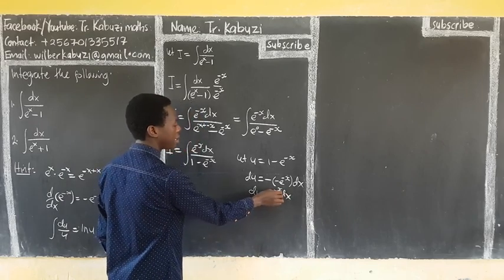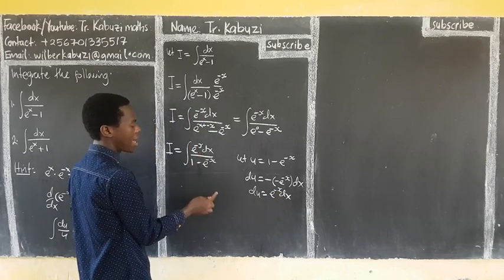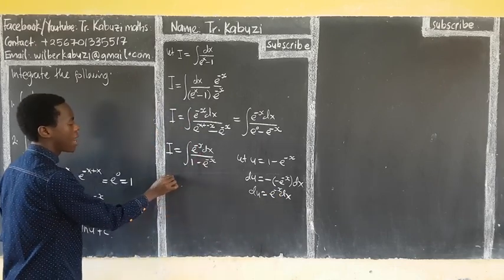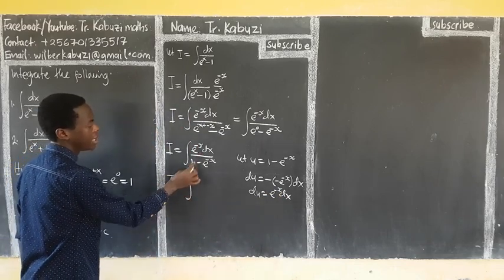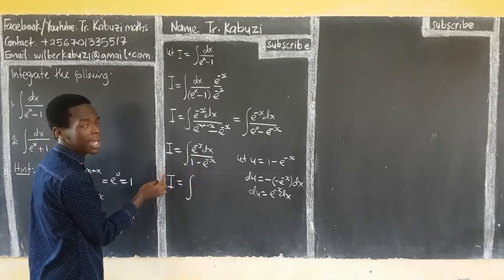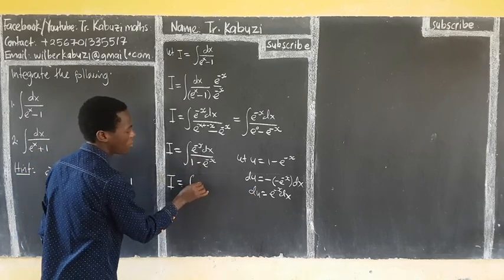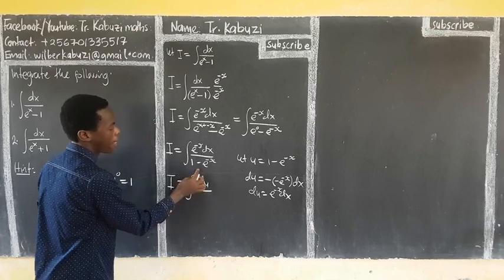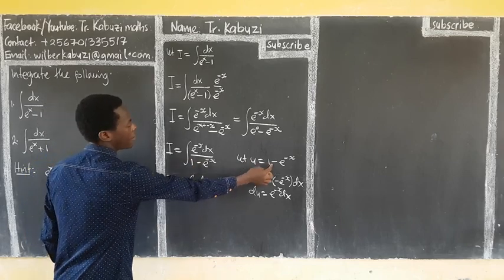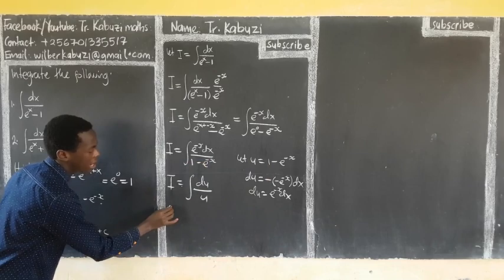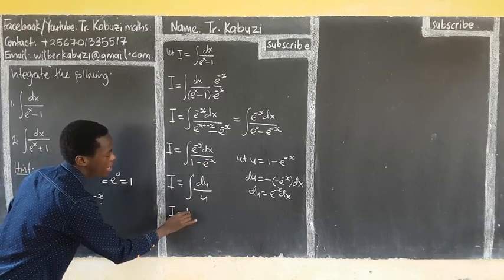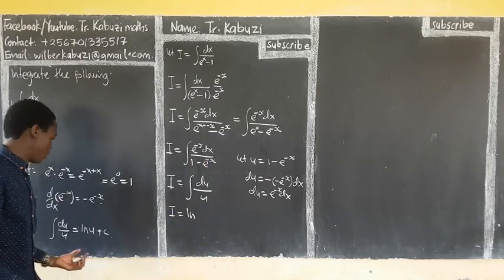So the whole of this here is du, and all of this is u. So now our integral is going to be the integral of e^(-x) dx, which is du, over the whole of this, which is u. So now our I is going to be natural log of u, using this.